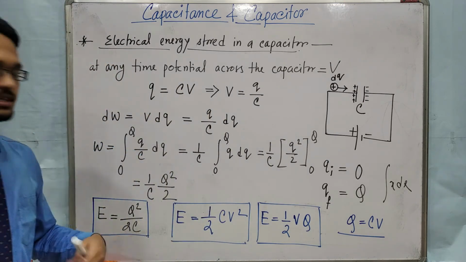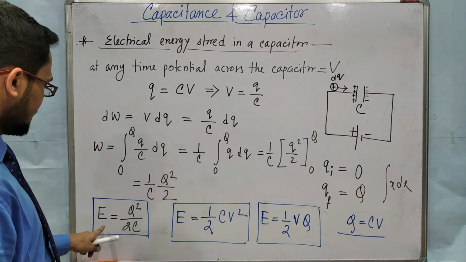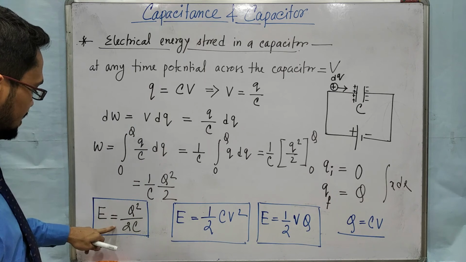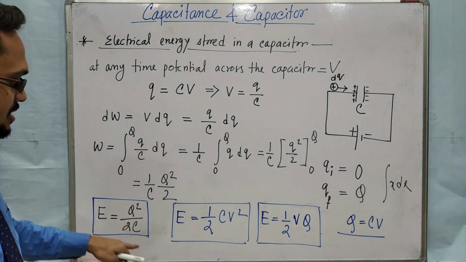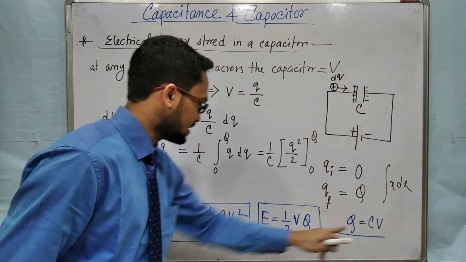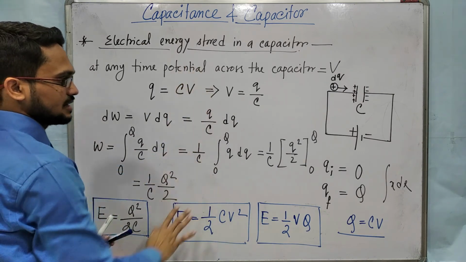In different situations we will use different equations. After doing this derivation you can come to this point. Suppose in a question it is asked, find the electrical energy stored, with half CV square. Then using these relations you can find it. This is the derivation you have to practice.